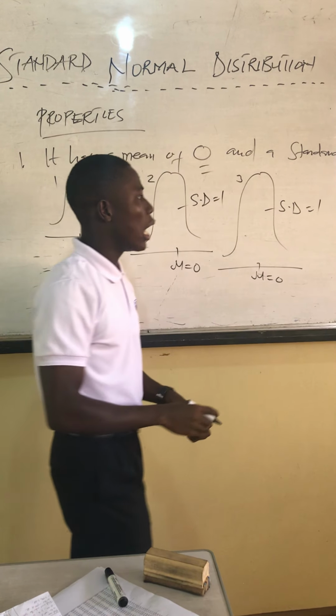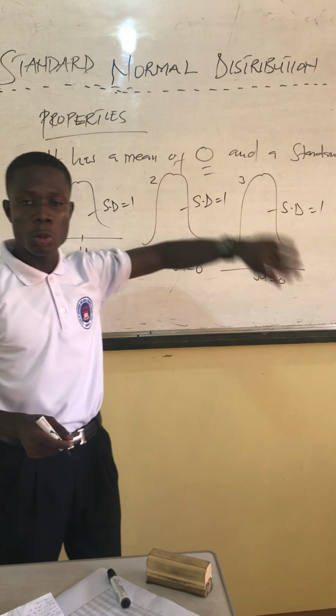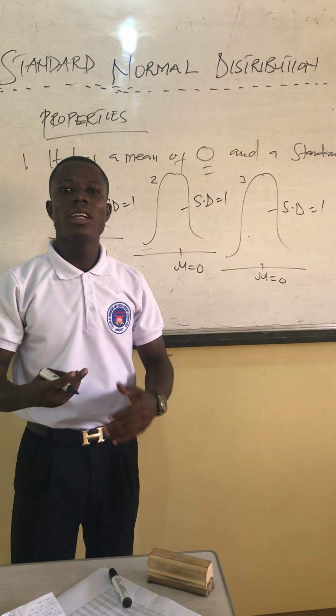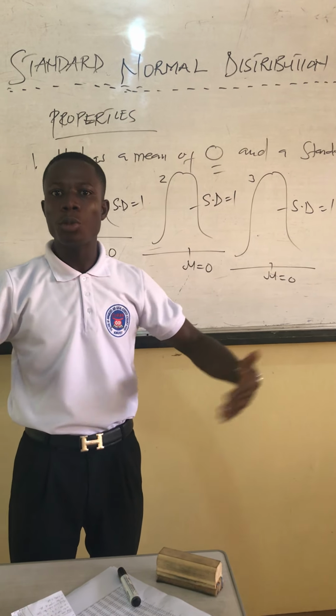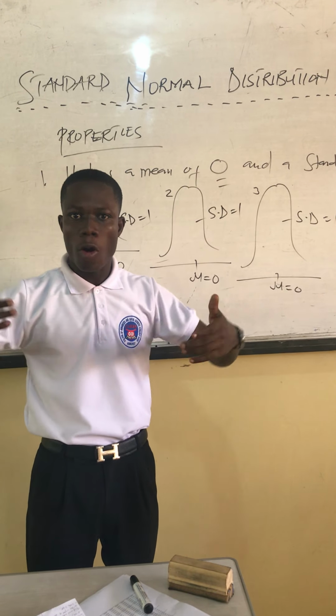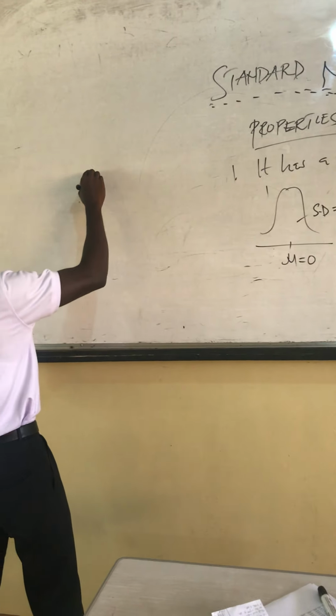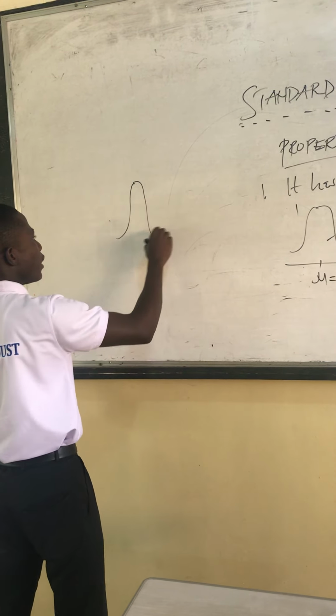SD is 1. And when we talk of the standard deviation, in the standard normal distribution, the standard deviation describes the spread of a distribution. So let's say we can have two distributions like this.